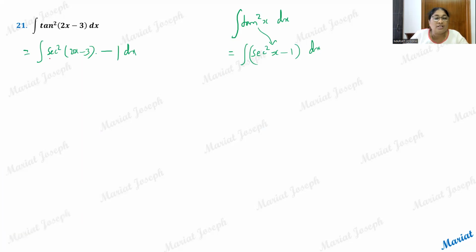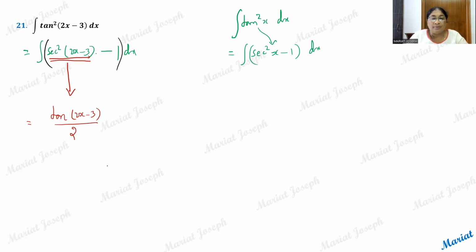Now tell me, Ishita, what is the integral of sec square 2x minus 3? What is the integral of the sec square function? Ishita? Ma'am, tan x. Tan x. So what should be the answer here? This is the first step. Tan of 2x minus 3 by 2. Upon 2.